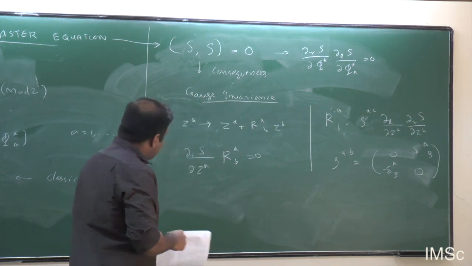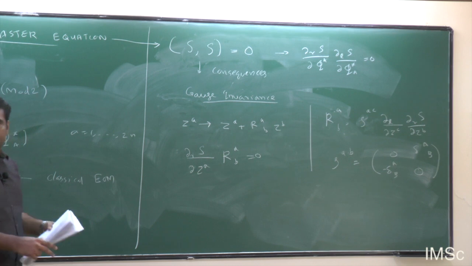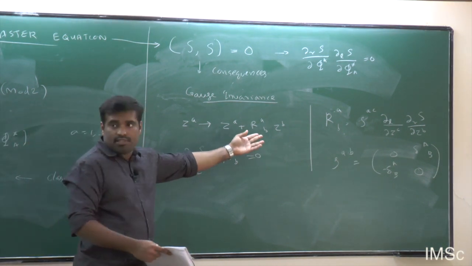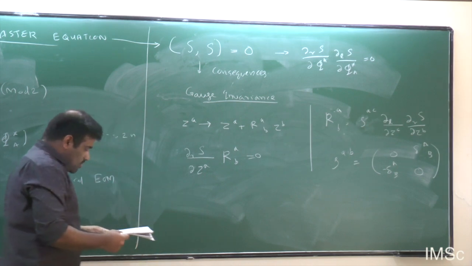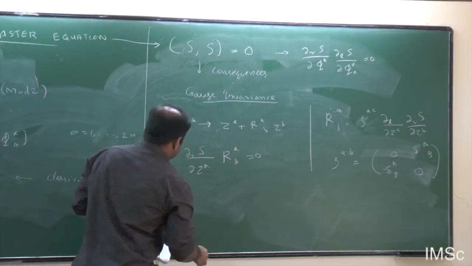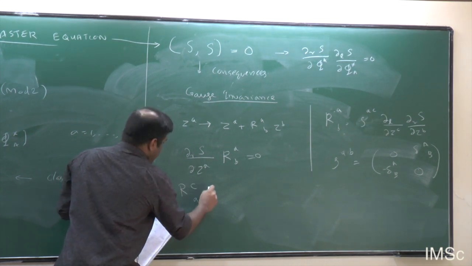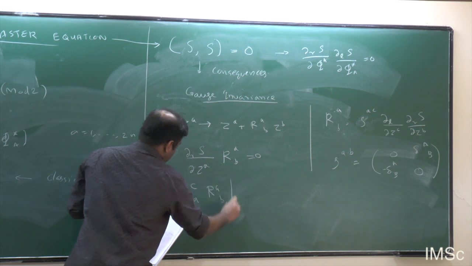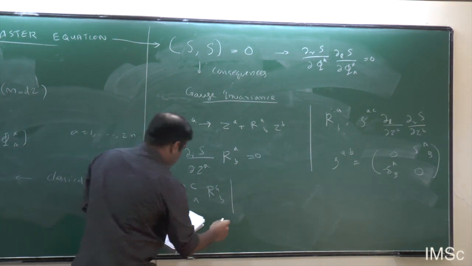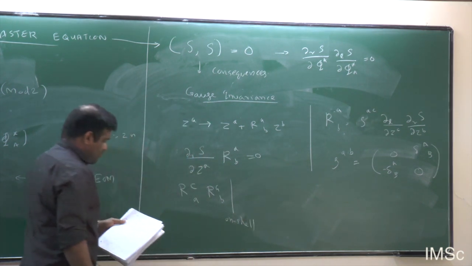So what you have to do is check what is the rank of this matrix R^AB. That will tell you how many independent transformations there are here. To do that, one can do a simple exercise and check R^CA R^AB, and assume the on-shell condition for both fields and anti-fields.